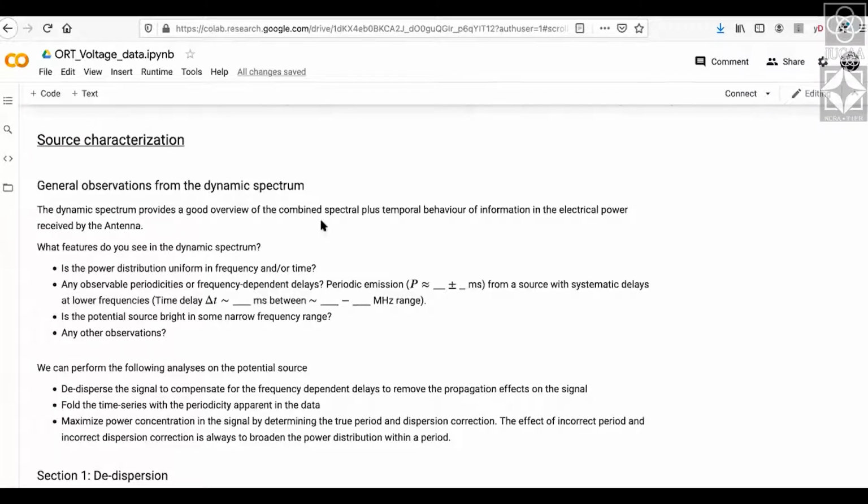Now you will go to the source characterization, where essentially you'll do two things: correct for the dispersion delays, and then fold it by the period of the pulsar and get the integrated pulse profile.